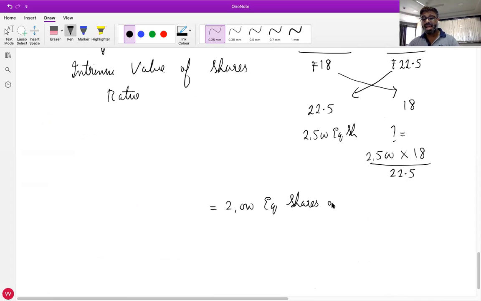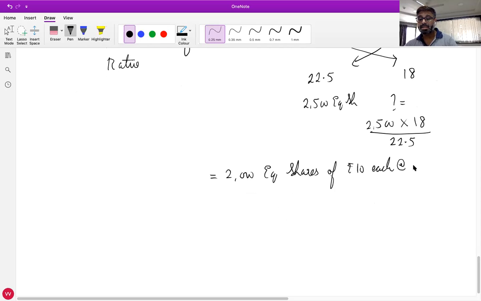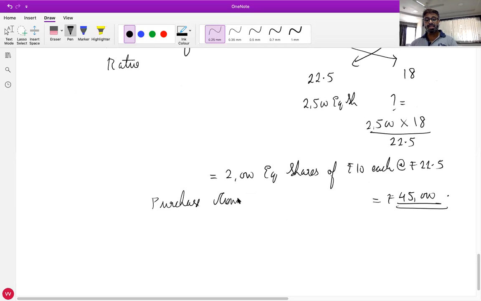Now face value is rupees 10, but in Y Limited the intrinsic value is 22.5. What is 2,000 into 22.5? 45,000. So what is the purchase consideration? 45,000. Now cross check.